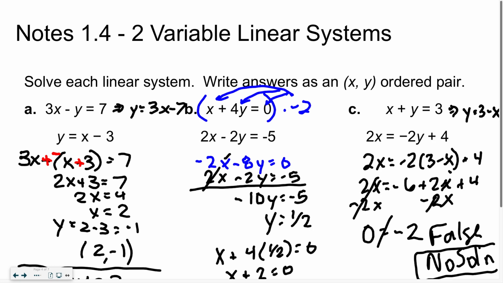What happens if all your variables cancel out and it's true? Then they're the same line. What do you say for your solution if you get like 0 equals 0?